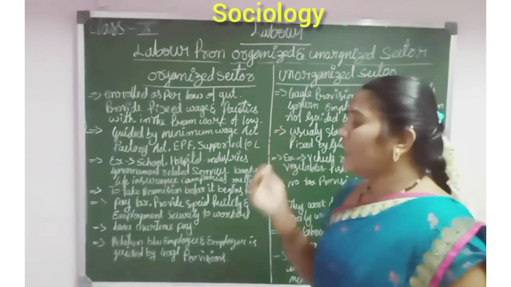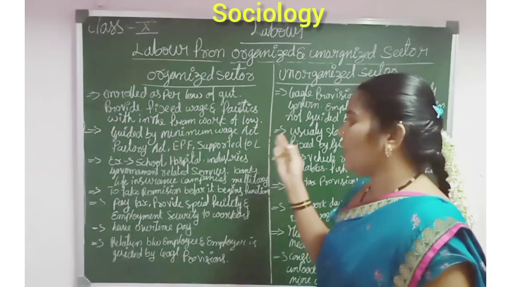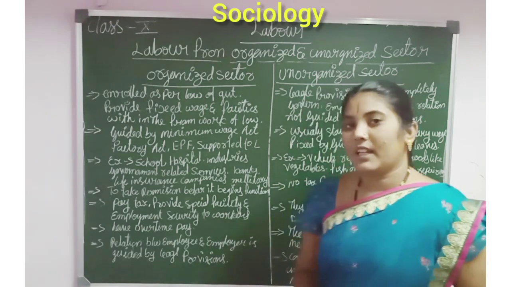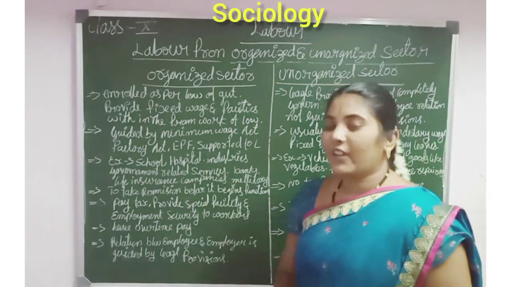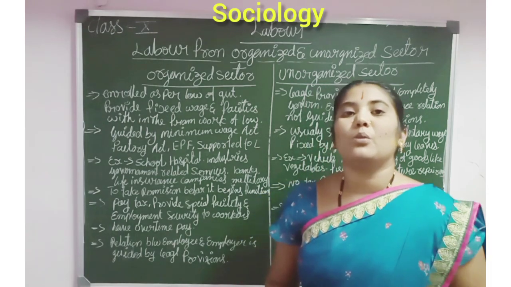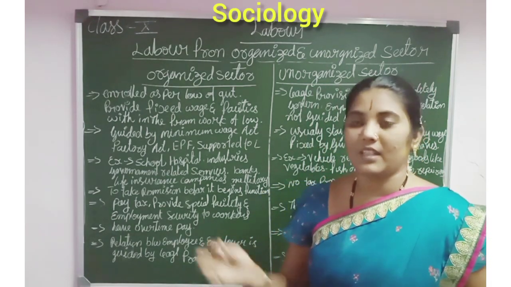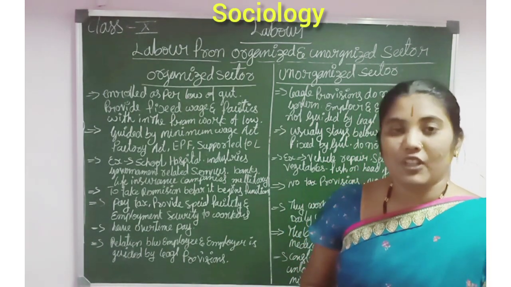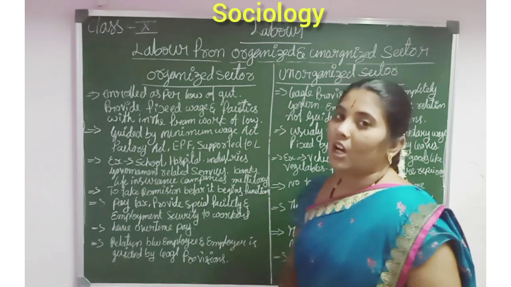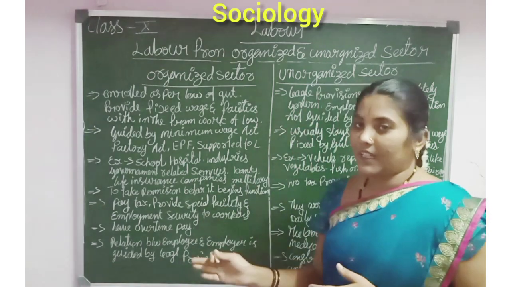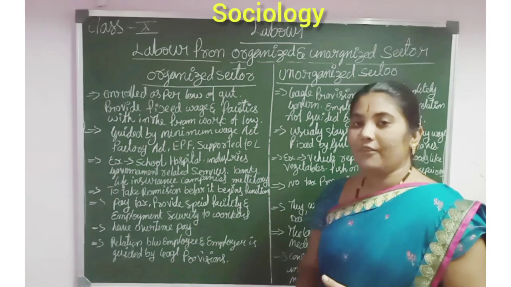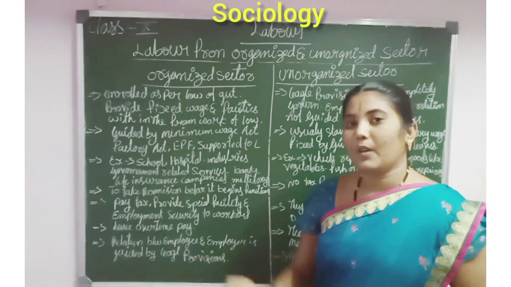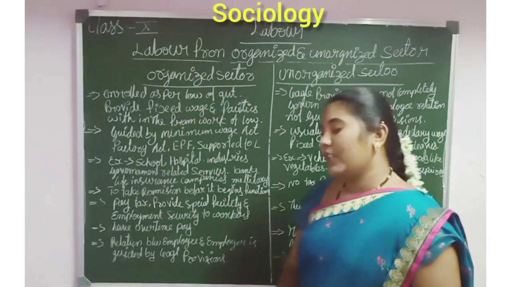They get many facilities like the Minimum Wage Act, the Factory Act, and EPF. Examples are schools, hospitals, government services, commercial banks, life insurance, and the military. They should pay the tax, and they are provided special facilities like medical facilities, and employment guarantee or employment security.